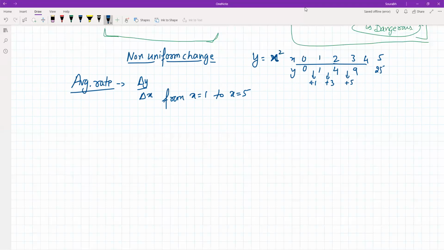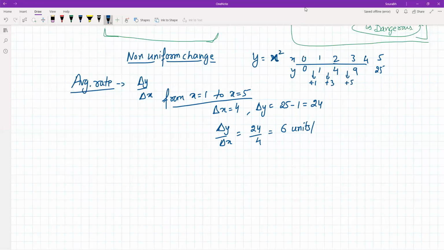So if x is changing from 1 to 5, what is delta x here? 4. What is delta y here? Delta y is y2, that is 25, minus 1, that is 24. So what is delta y by delta x? This is 24 by 4, or 6 units per unit of time. That is the rate of change, and that is actually the average rate of change.